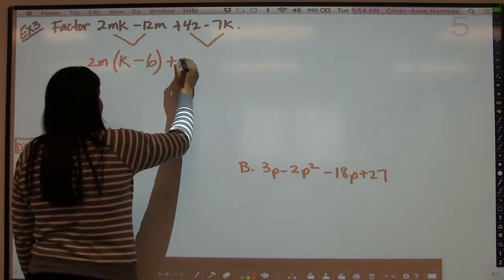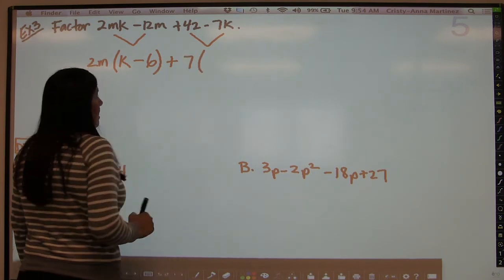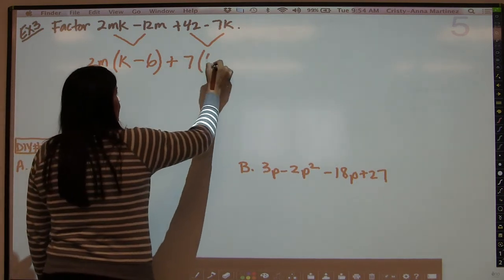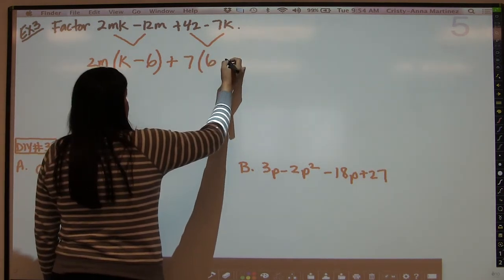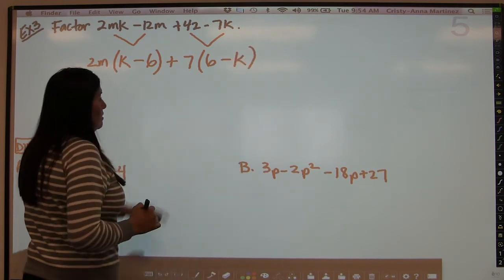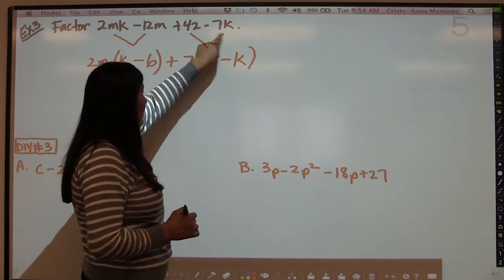So we're going to put plus 7. And we're going to get 7 times 6 and then minus k, like this.